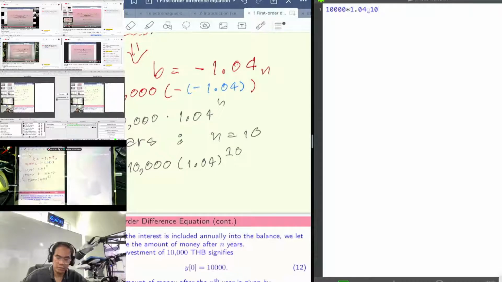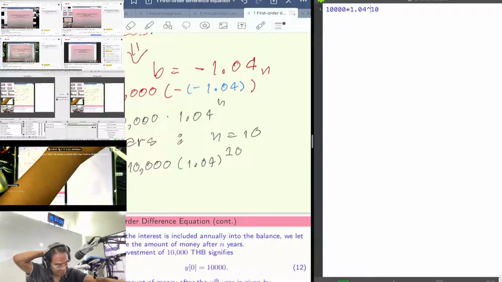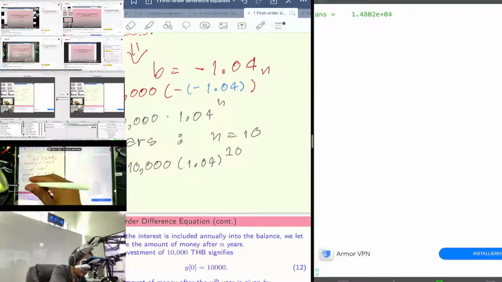Oh no, this is to the power 10, and run it. Now we get something like that, 1.4802, approximately.